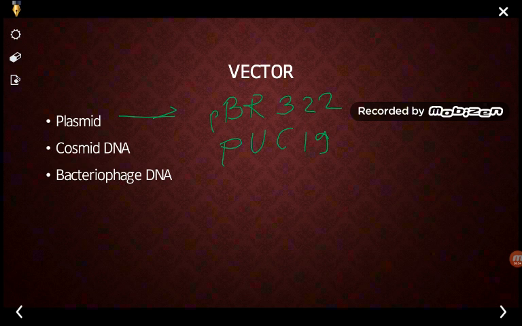Some virus based vectors are bacteriophages, where you can find the lambda phage. And certain examples of the cosmid vectors may be the YAC. So these are a few examples of the vectors.